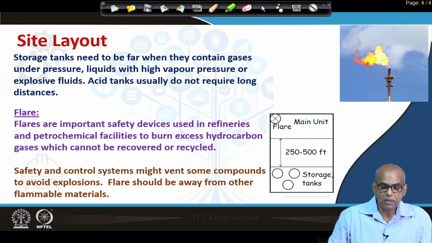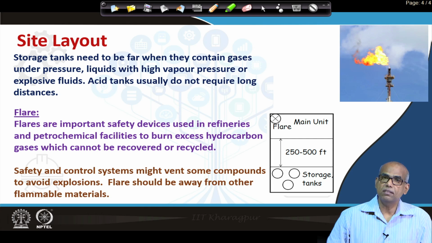Flares are important safety devices used in refineries and petrochemical facilities to burn excess hydrocarbon gases which cannot be recovered or recycled. So, instead of releasing these vapors to atmosphere, these vapors are safely burned using flares.